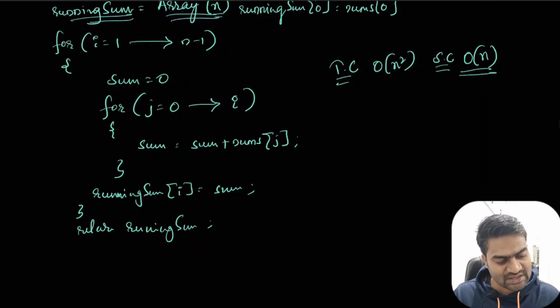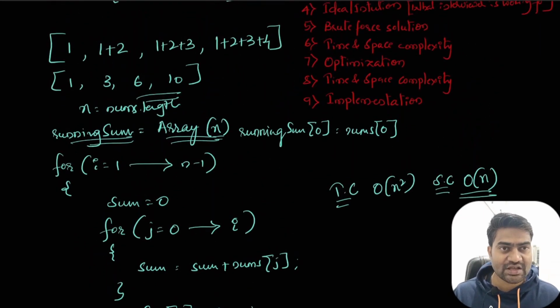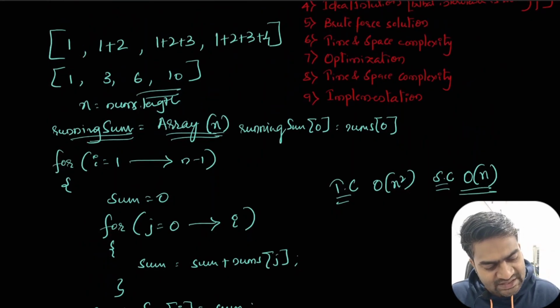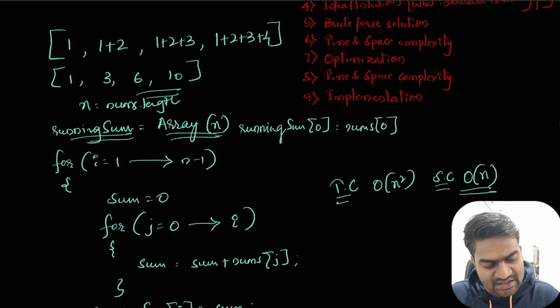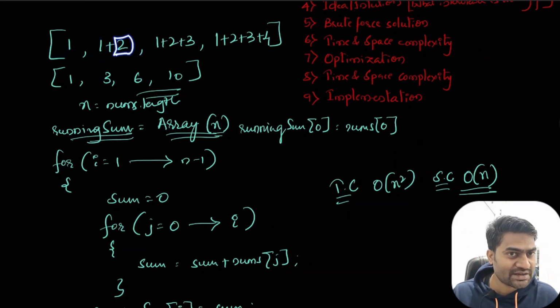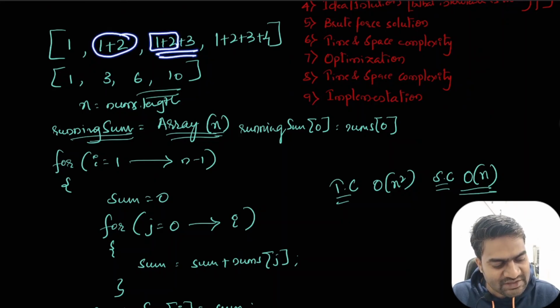How to improve that? Now in this particular case, if you see here, the first number is 1, so there is no issue in that. But if you see the second number, it is the previous sum plus that current number. Then the third number is nothing but the previous number plus this number.